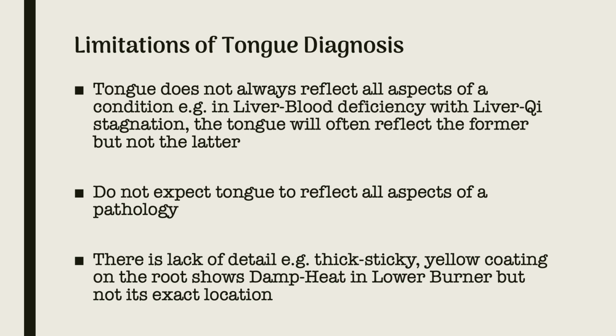Do not expect the tongue to reflect all the aspects of a pathology. There is a lack of detail. For example, a thick, sticky yellow coating on the root shows damp heat in the lower burner, but not its exact location.